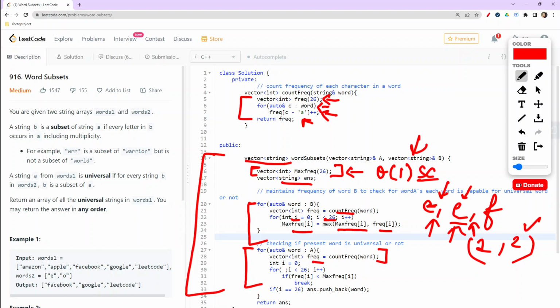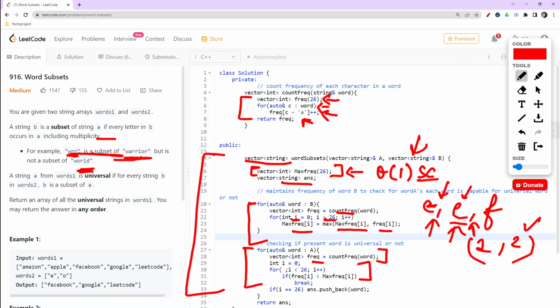Then we directly traverse over the word which we have chosen from the words array, and in that word we check whether the frequency of that particular character is lower than the maximum frequency. If so, surely that doesn't qualify for being a universal word, the way it was in the example, where this particular WRR qualifies for being universal, but the other word doesn't. That's the scenario here.